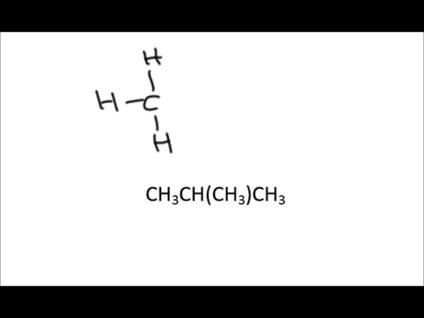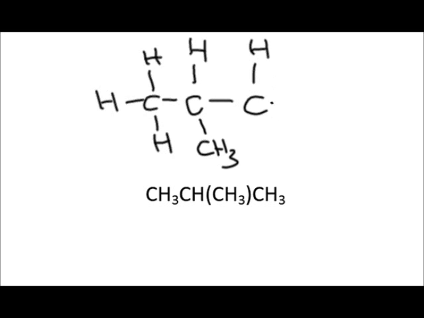We've then got a CH group next to that. Now this CH3 being in brackets, that tells us that that is a branch attached to this carbon. So we've got a CH3 group branched off from this carbon. And then finally, we've got a CH3 group on the end of the molecule.